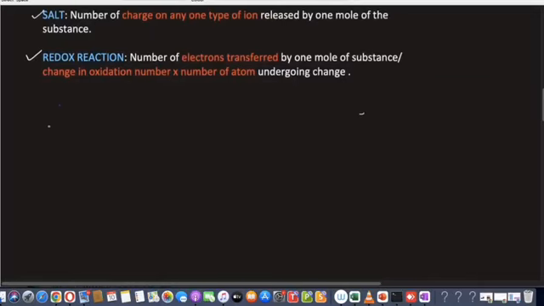For example, suppose I take an acid, HCl. 1 mole of HCl will give you just 1 mole of H+ ion, right? 1 mole of H2SO4 will give you 2 moles of H+ ion.